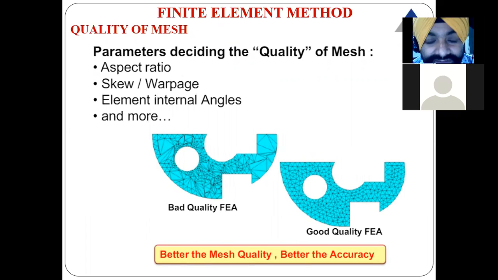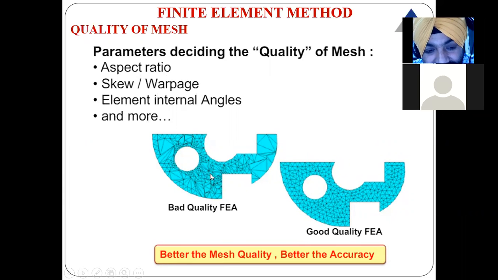Now the quality of mesh depends on these four factors, like aspect ratio. How closely that figure is divided into small parts. Now you can see that there are two diagrams, one on the left hand side and the other on the right hand side.